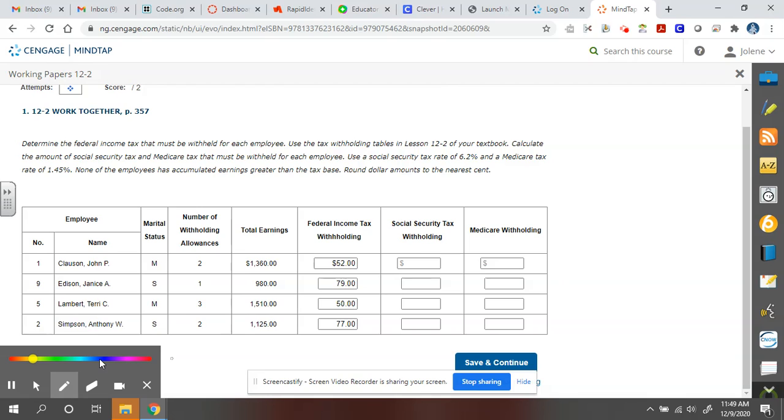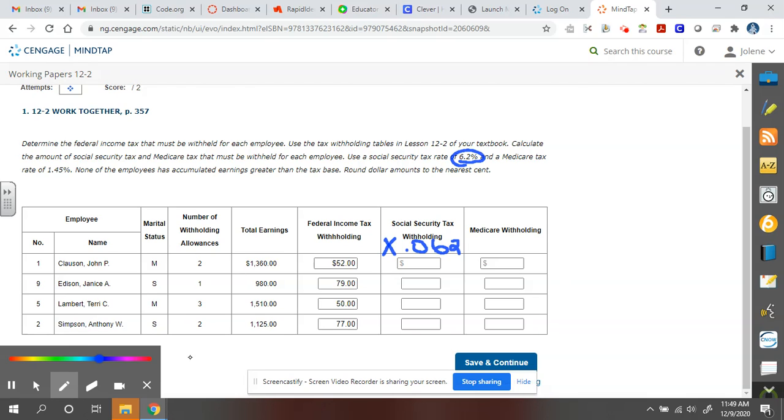All right. Now I'm going to show you with Social Security. You're going to take their earnings and you're going to multiply times 0.062, and that comes from this right here.